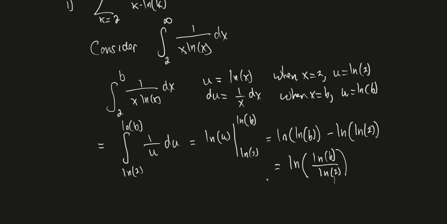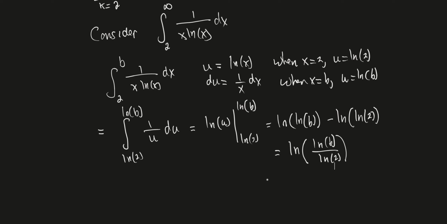Now we're going to ask ourselves, well, what happens to this area as the upper limit gets really, really large? So now we're going to take the limit as b goes to infinity of this thingamajig. So the natural log of the natural log of b divided by the natural log of 2. And then ask ourselves, well, what happens to the natural log as b gets very, very large?